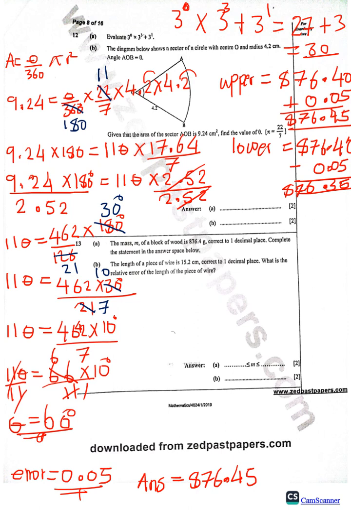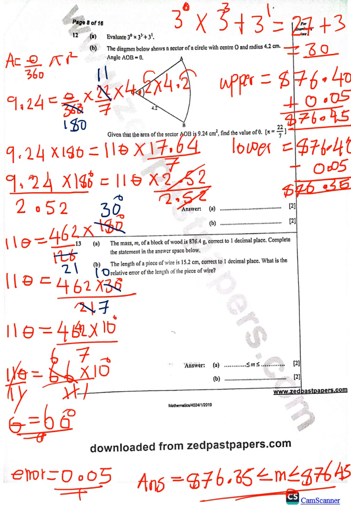So 876.35 is less than or equal to m, less than, then the upper should be on the right side, 876.45. Okay, so this is how you can answer.